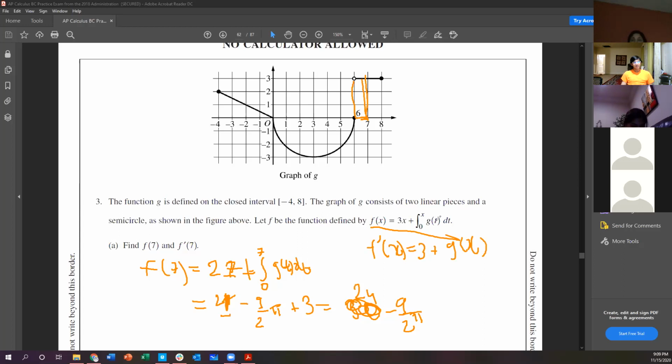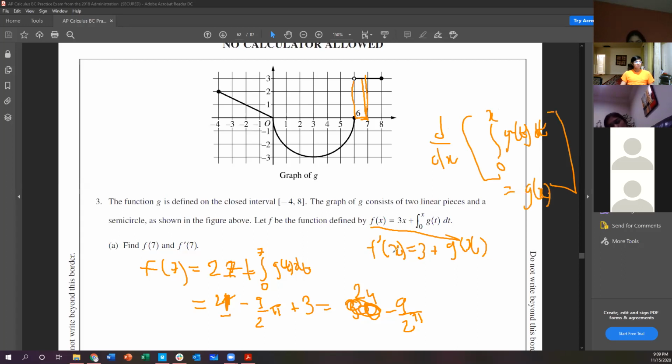You guys see that? Because if I take d/dx of the integral from 0 to x of g of t dt, by the fundamental theorem of calculus, we know that this is just equal to g of x.